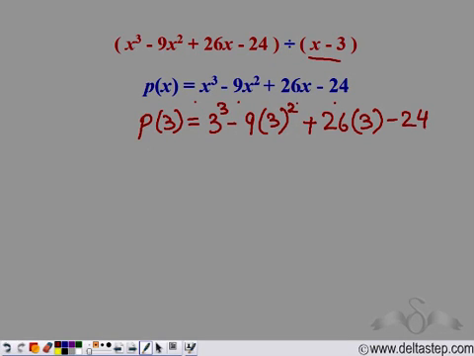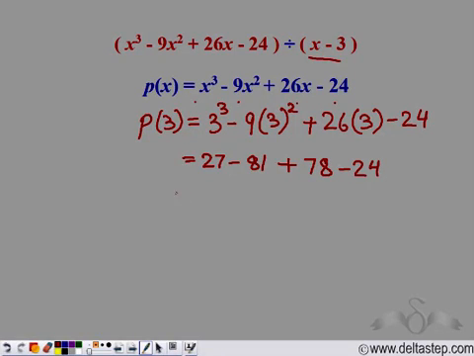So this is what we have. 3 cube is 27, minus 3 into 3 is 9, 9 into 9 is 81, plus 26 into 3 is 78, minus 24.